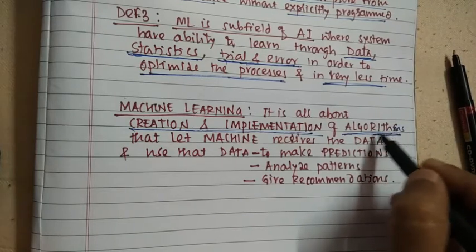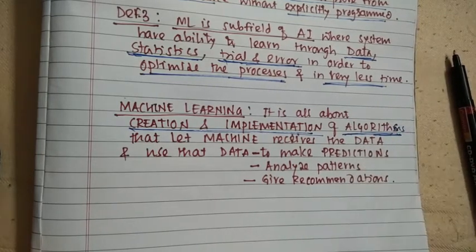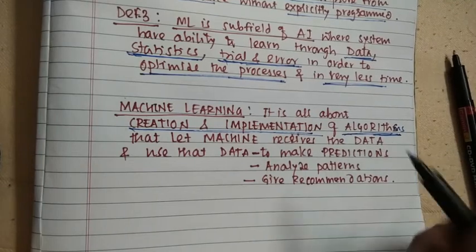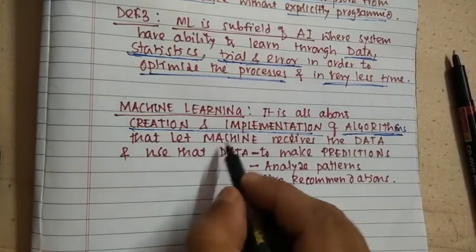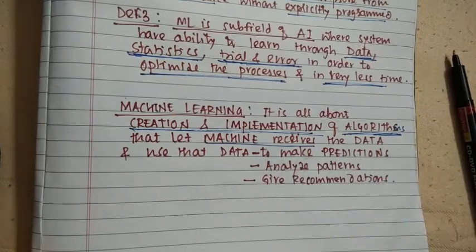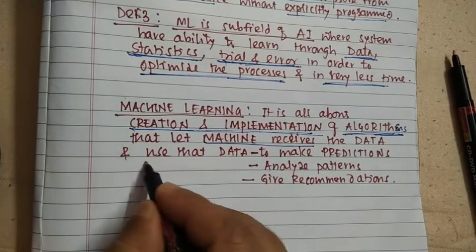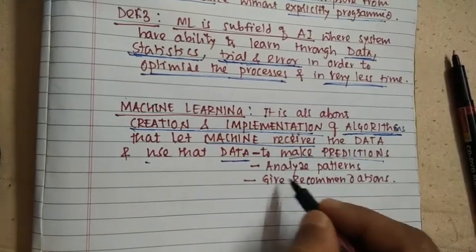Okay, these instructions are given for the computation purpose, or to carry out a certain type of task. Through this, the machine receives the data as input and uses that data to make predictions.